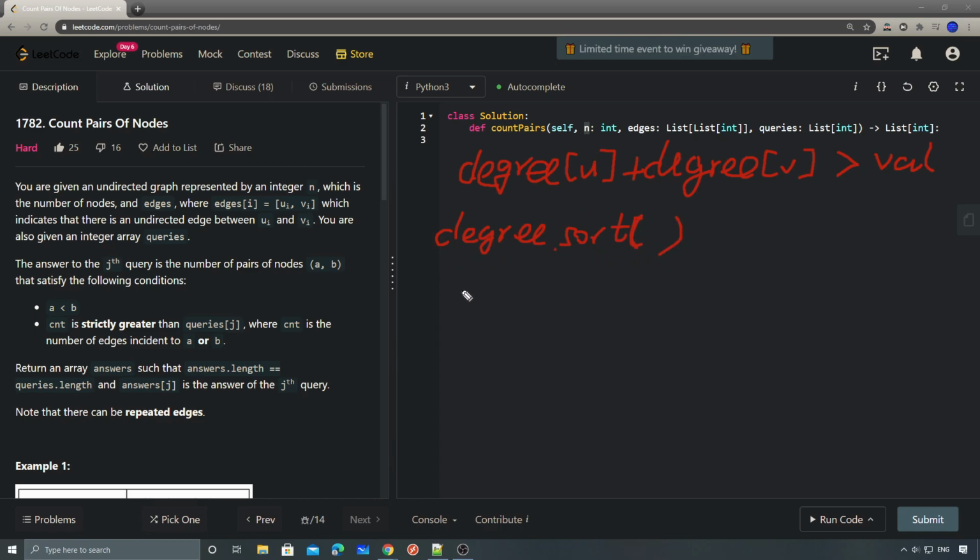So what does it mean? It means that after sorting, we're going to have the degrees looking something like this. We could have a 0 degree, because let's say there's no edge connecting to that node at all, since it's not guaranteed that this graph is all connected. So we could have a node with 0 degree here.